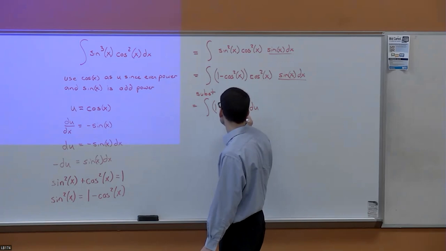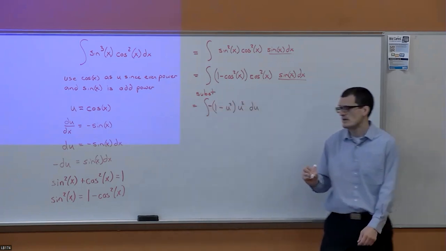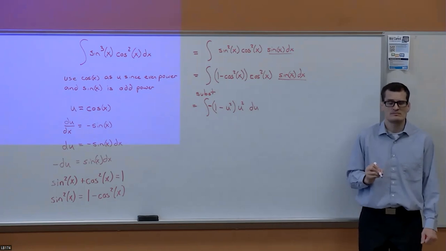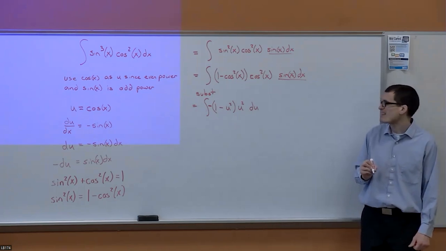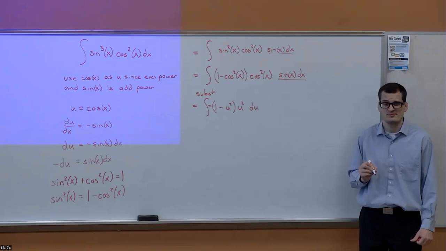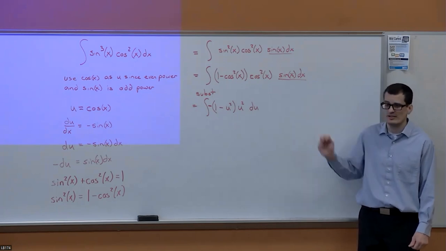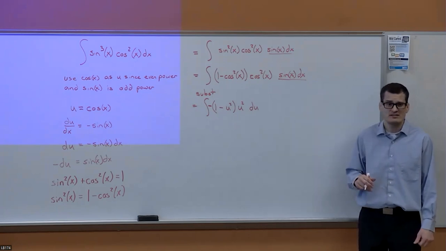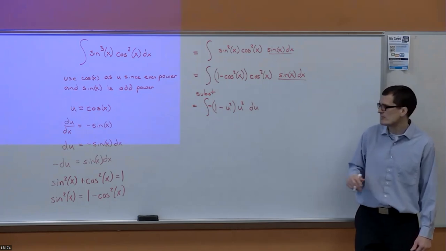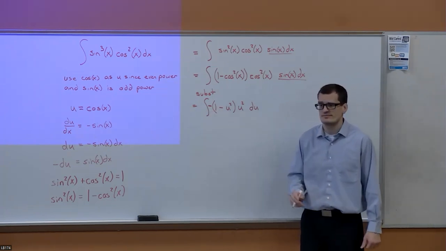I don't want to write that. I'll put the negative up front. When I have a negative du, I usually just put the negative on the outside, or at least in front.